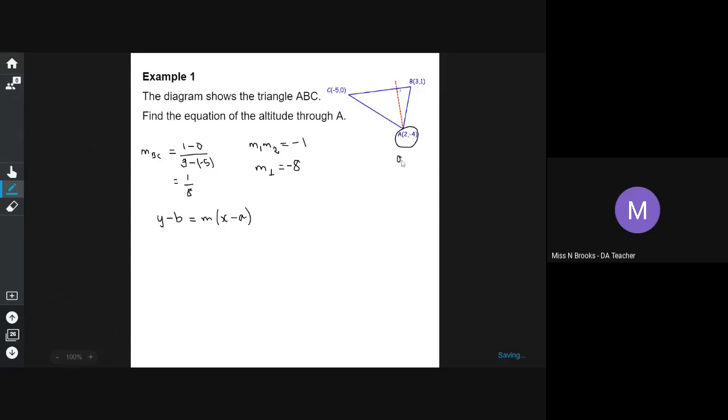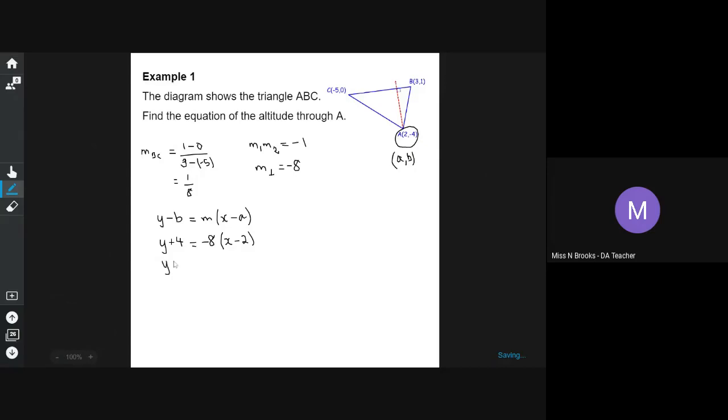So our a value and our b value are coming from coordinate A. So we've got y, and our b value is -4, so it's going to be y plus 4 equals, our perpendicular gradient is -8, and that's times x, and it's 2 for our a value, so we're going to take away 2.